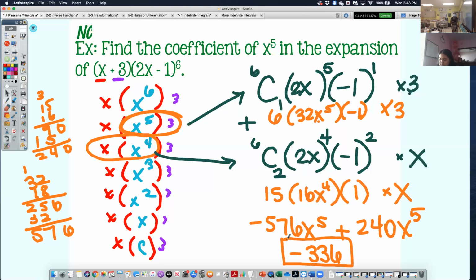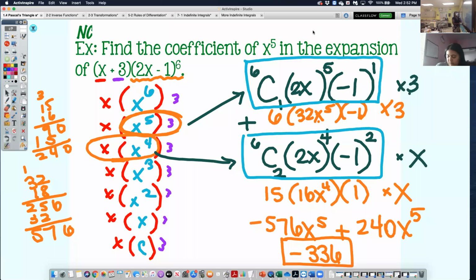That'll be the same thing I would get if I actually expanded the full binomial and multiplied it by x plus 3 afterwards. So again, by doing it this way, I'm only pulling out the terms in the expansion that when multiplied by x and multiplied by 3 will give me x to the 5th.